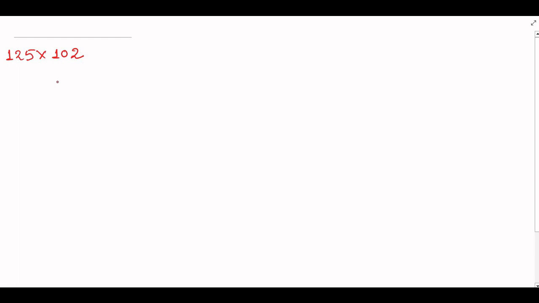Okay, in this case the same steps will be followed, but there are a few differences. Now, 125 means 100 plus 25, and 102 is equal to 100 plus 2. If we add, we get 125 and 102. This is step 1.